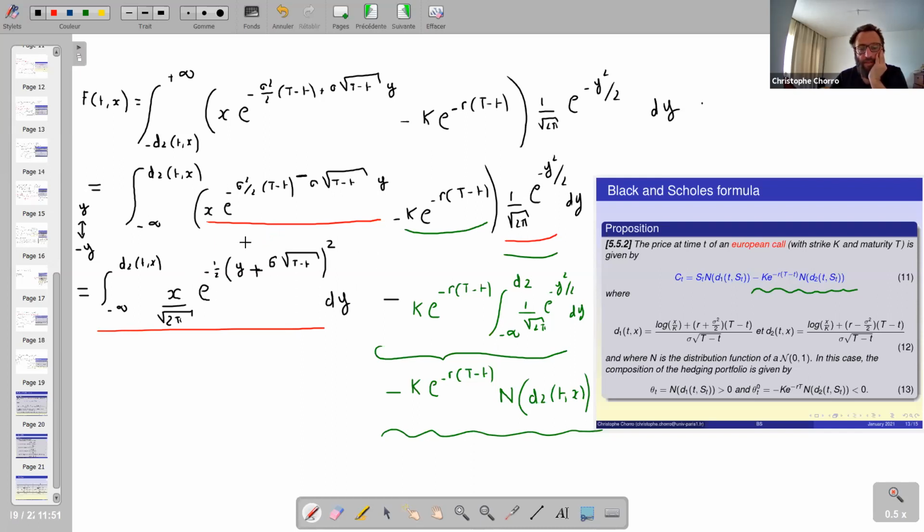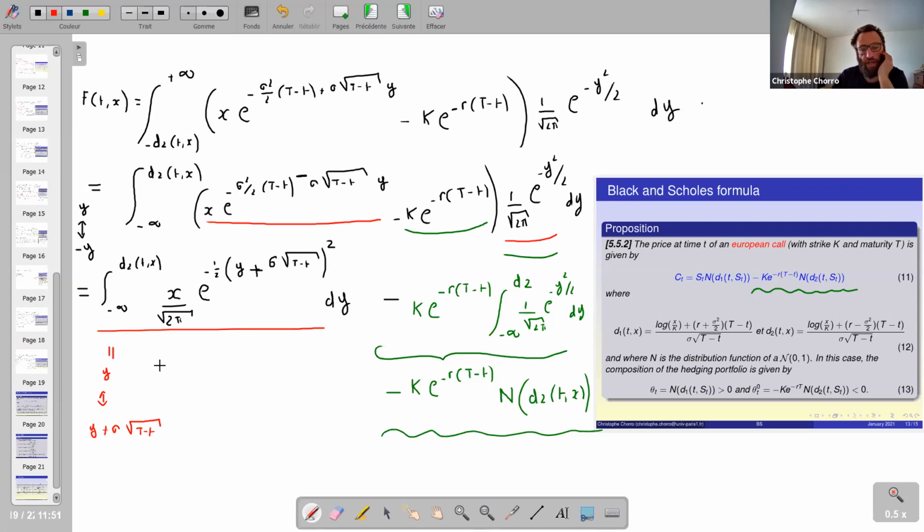And now it's not complicated to compute this one, because I can just do a change of variable, changing y into y plus sigma the square root of capital T minus t, in order to make it simpler.